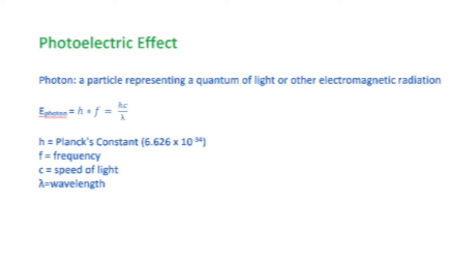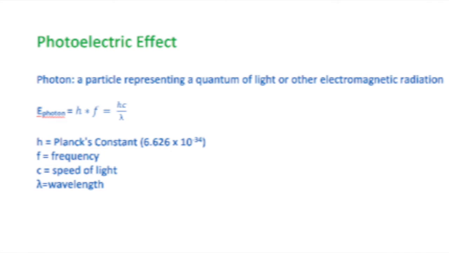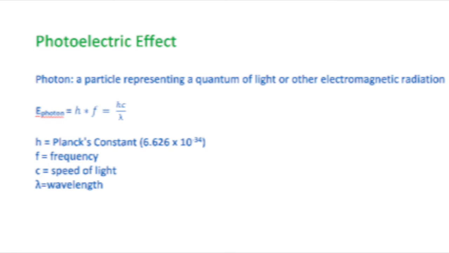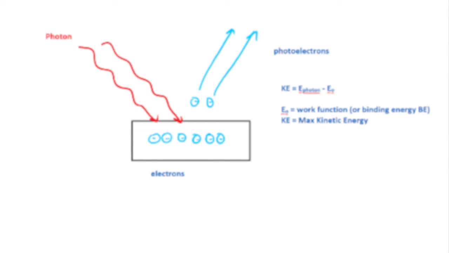In equation form, the photon energy is E equals h times f, where E is the energy of a photon of frequency f, and h is Planck's constant. Einstein assumed that a photon would penetrate a material and transfer its energy to an electron.